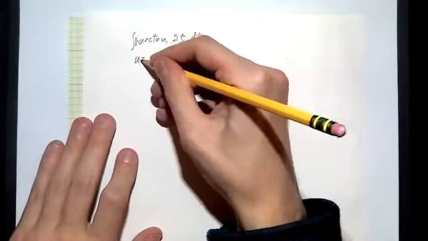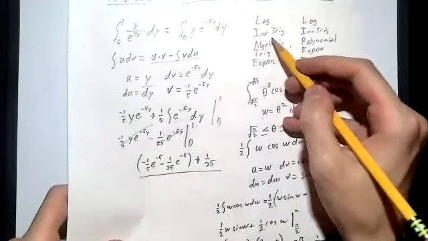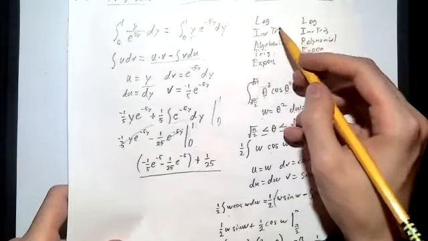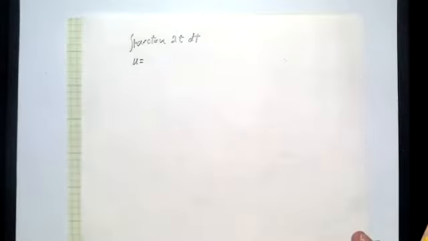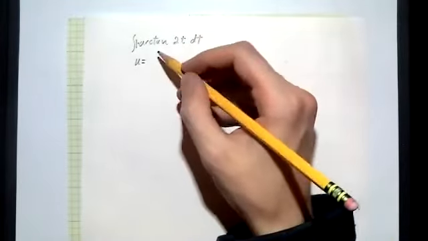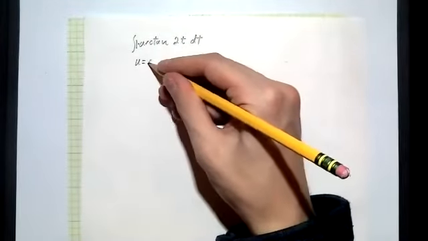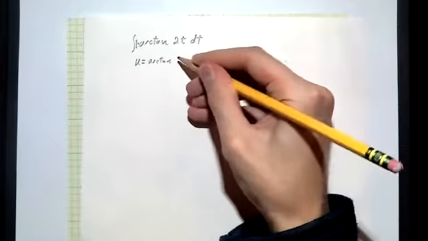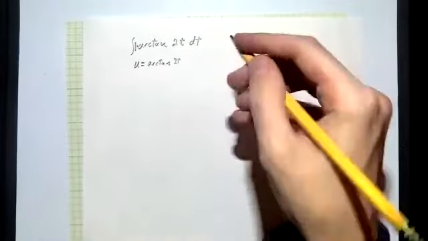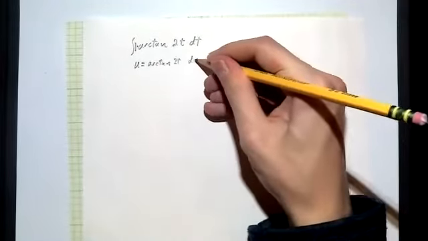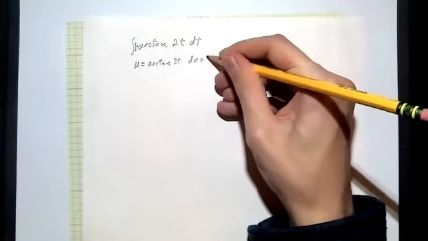So we get u again. Arctan falls under inverse trig, so it's again the same tier as logarithm. You make that our u. So we get arctan 2t. And then our dv is just going to be 1 times dt.